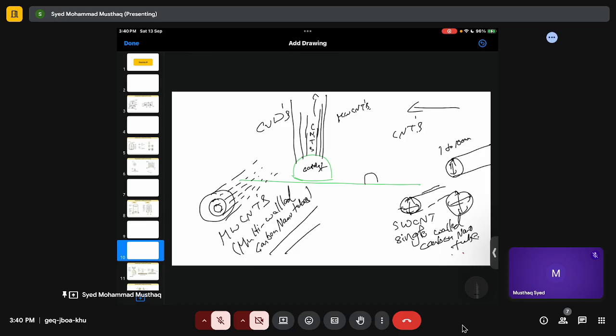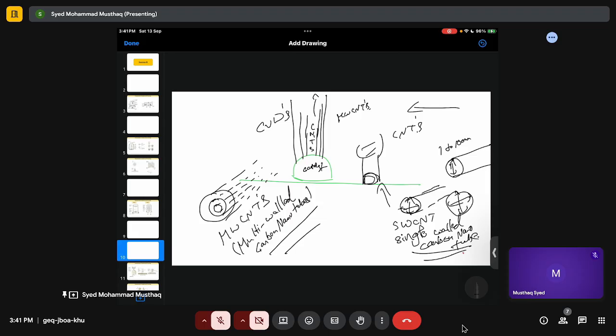I hope you can differentiate. And to form a single wall nanotube, we need a very fine particle of catalyst, a nanoparticle of catalyst. Then only the maximum wall radius we can achieve is single wall. If you have a big catalyst, then there will be so many walls formed. If you have a very fine catalyst, then the radius should be such that you can only form one wall. So that is about single wall nanotubes.